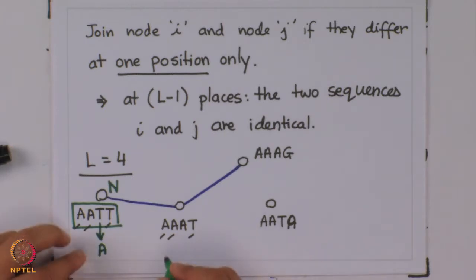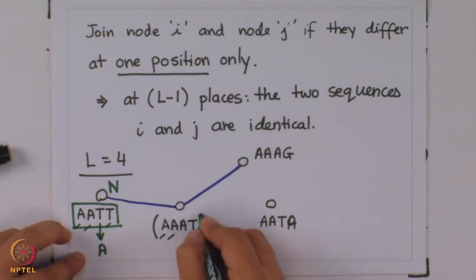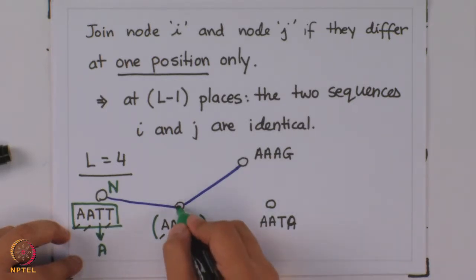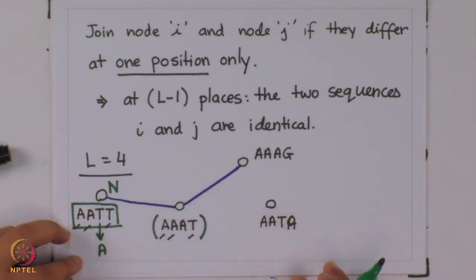Now, depending on the growth rate, let us imagine that the mutation that happened was beneficial in nature and that resulted in this mutant growing faster than the rest of the population.